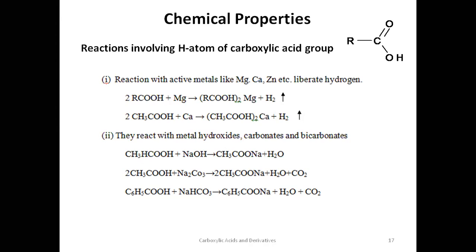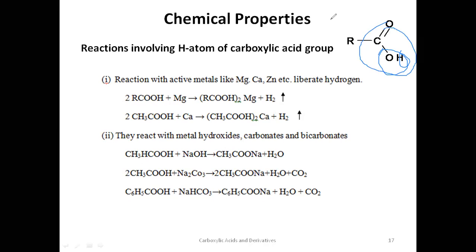If you see the chemical properties of carboxylic acids, they are basically reactions. We will study three types of reactions here. One is by involving only the hydrogen atom, another is by involving the OH group, and the other is by involving the whole group, that is the COOH group.